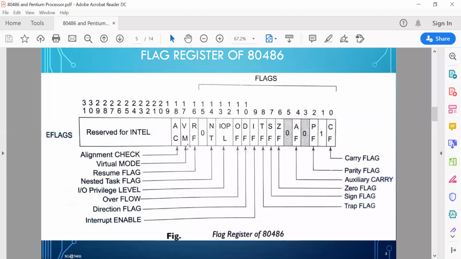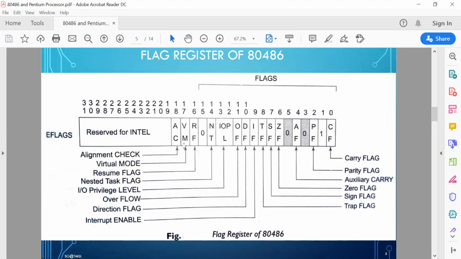All these bits, D0 through D17, are implemented up to the 80386 microprocessor. You do not have the 80386 in your syllabus, so I will not discuss it. You have only the 80286 and 486 microprocessors and then Pentium.